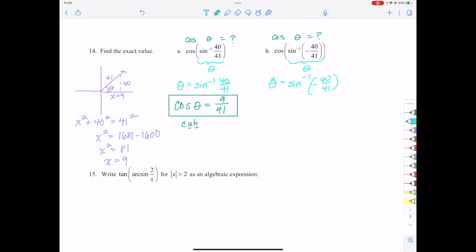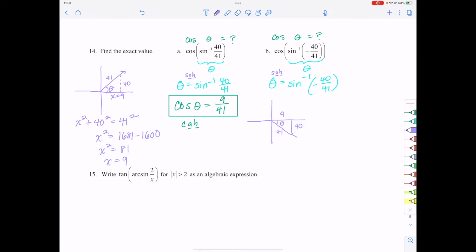Okay, so let's go ahead and draw, theta is equal to that, yes. So we can draw our sketch here, and we'll go ahead and just make a little triangle. So we have negative 40, we have the hypotenuse is 41. Keep in mind the sine is the opposite over the hypotenuse. And that's our theta, okay? So same over on the other side.